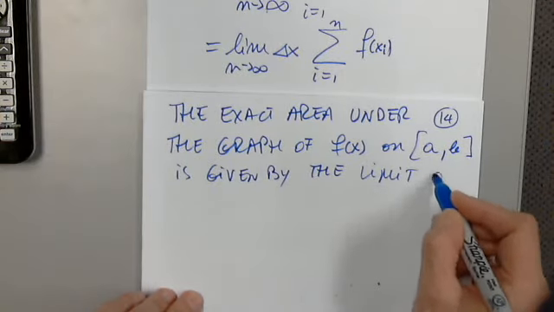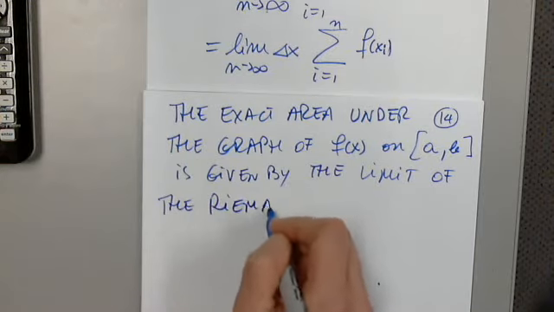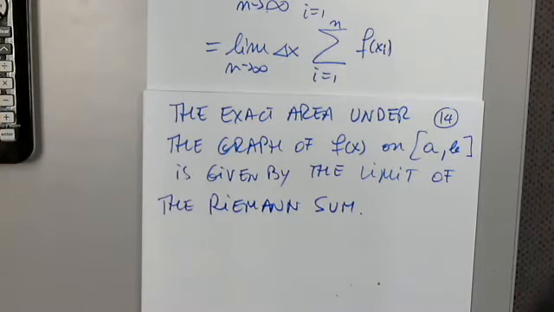Limit, very good, of the Riemann sum. The exact area under the graph of f of x on the given interval, whatever it is, a comma b, is calculated with the limit of the Riemann sum.